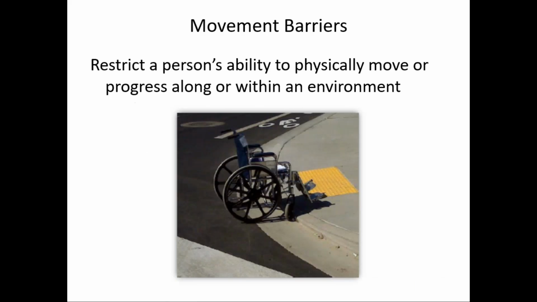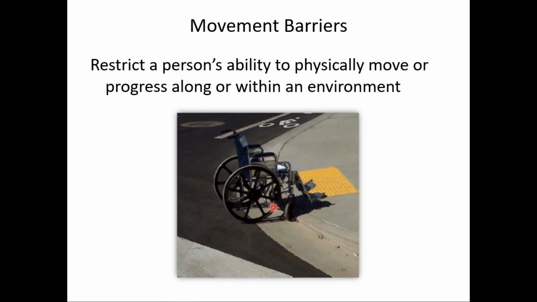People with mobility impairments face movement barriers, which really is anything that restricts a person's ability to move or progress along an environment or within an environment. And here you see this wheelchair, and this is a staged situation, but notice at the base of this ramp here, base of ramps should be flush, no more than a 1/4 inch vertical lip.